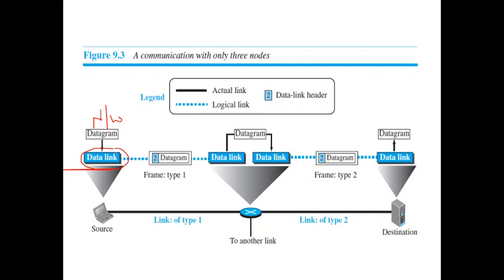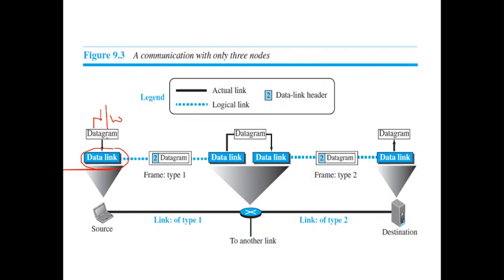Always remember, at the sender side it is a top down approach, that is, data comes from the upper layer to the bottom layer, from application layer to physical layer. That is why the network layer sends the datagram to the data link layer, and so the data link layer provides the services to the network layer.